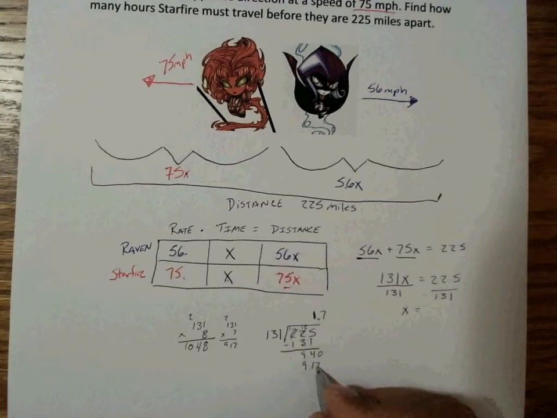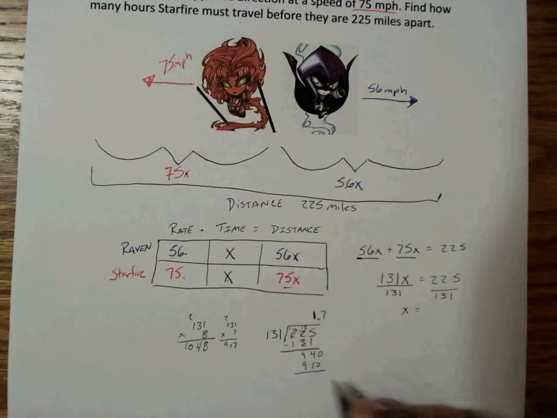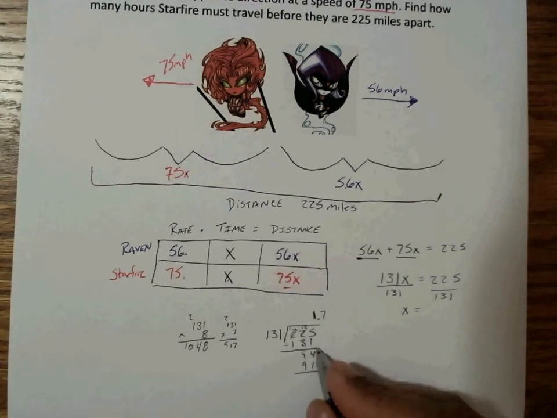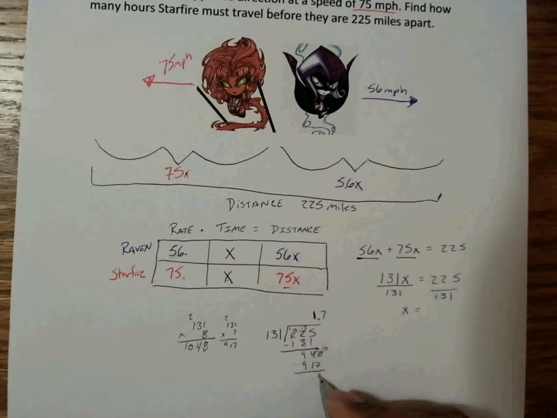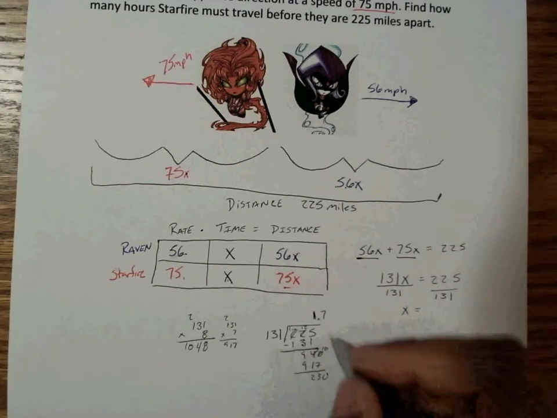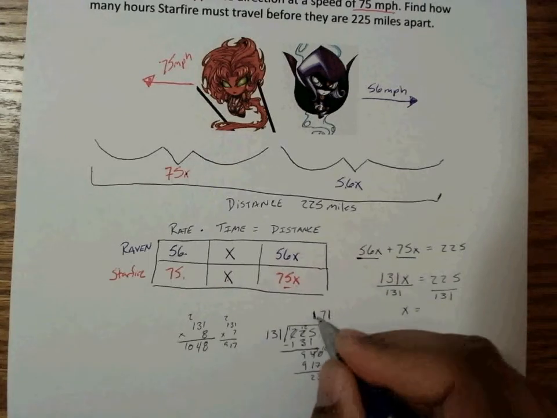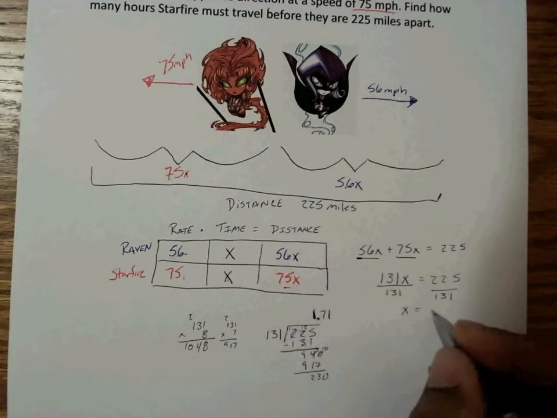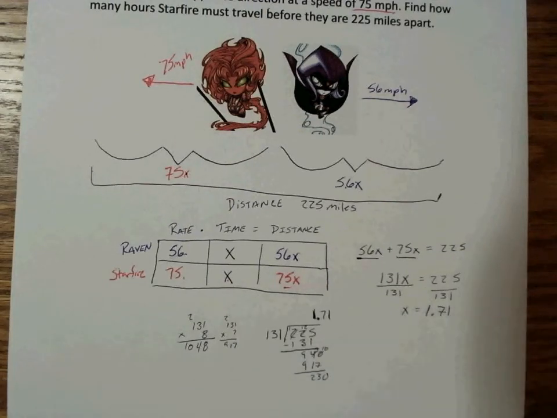So we know it's 7. We subtract that, and we get 230. That's probably the last time I do it. So let's go with 1.71.